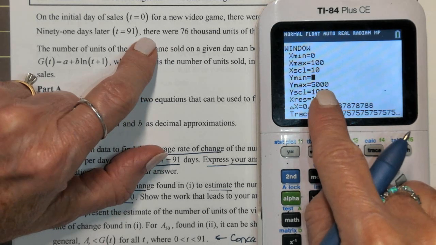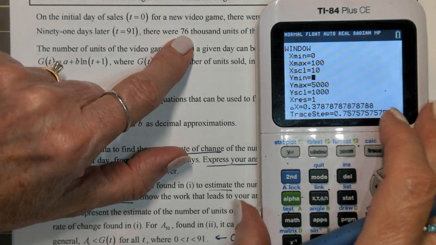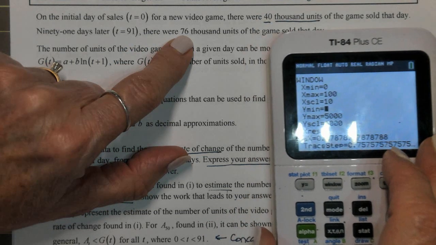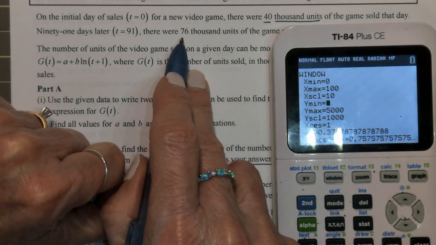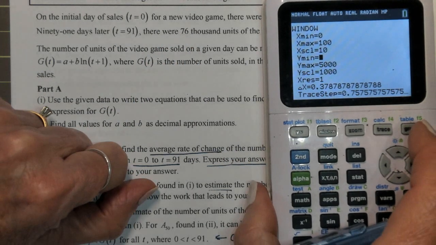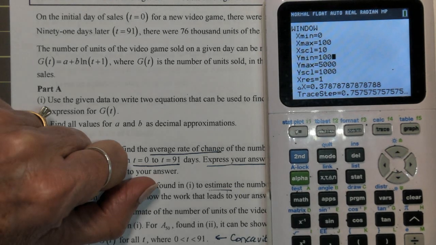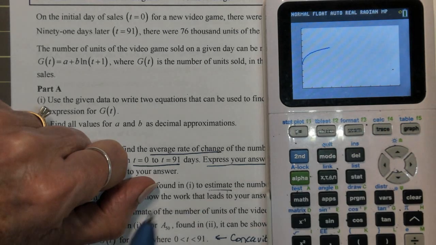What would be the highest number that they would sell per day? Well, it needs to be at least 76, maybe more. I might go to 100 and go from there, by tens also. Let's see what that gives me.